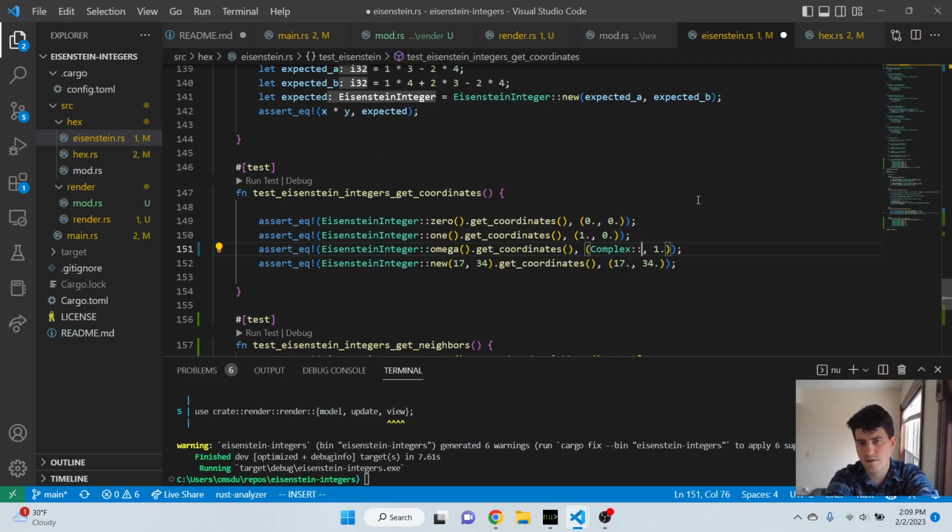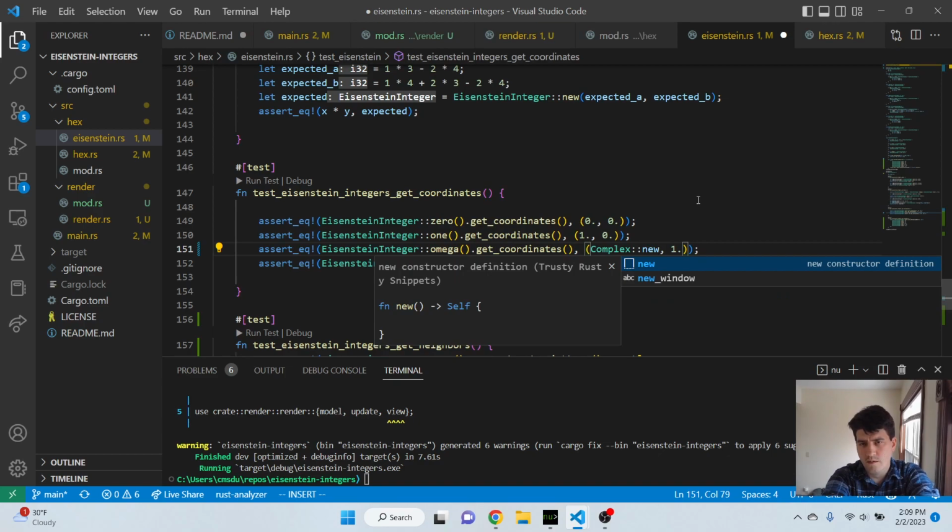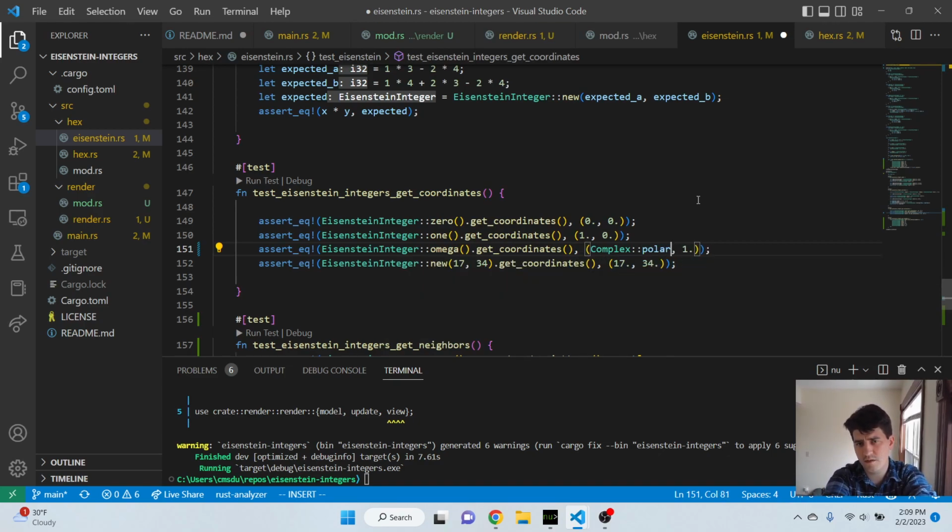Complex new, maybe polar or something. Complex exponent, complex tau, something like this.